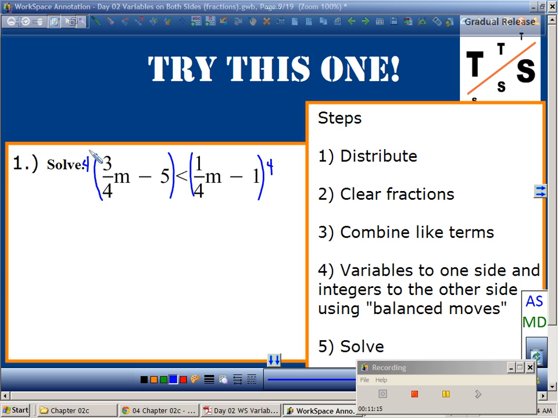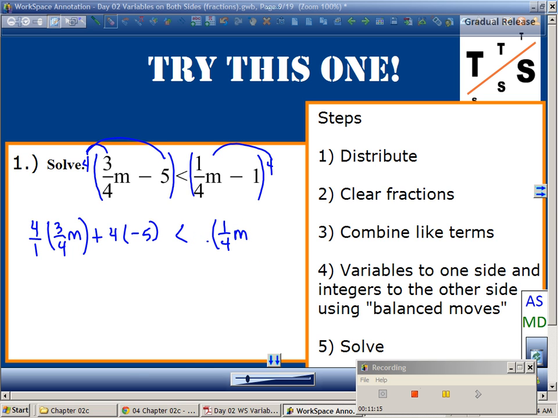Okay, so now I distribute, right, Levi? So when I distribute 4 to 3/4, I get 4 over 1 times 3/4 m plus 4 times negative 5. Then over here on this side, I've got 4 times, I should probably do 4 over 1, times 1/4 m.